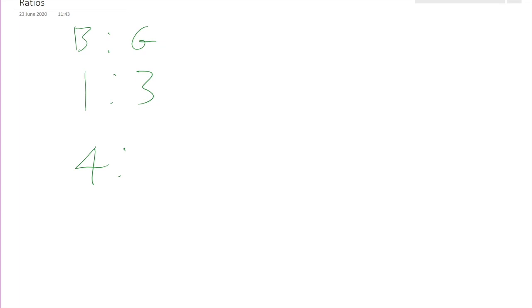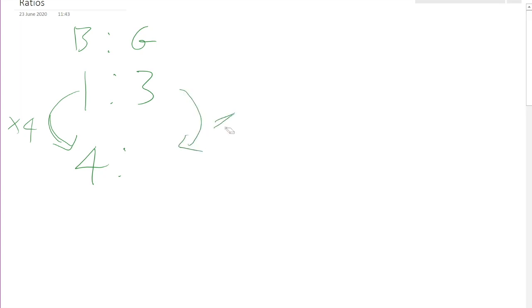So how do we get from 1 to 4? Well, nice easy question, we multiply by 4. This has to be multiplication, not adding, because we're dealing with the size of numbers. So we have to do exactly the same on the other side, multiply by 4.